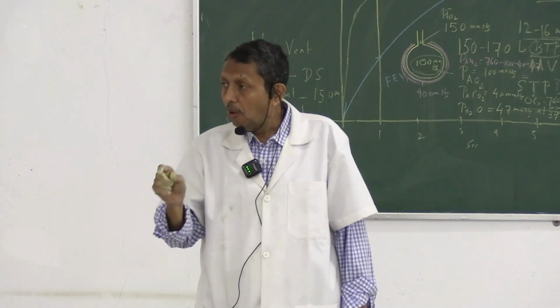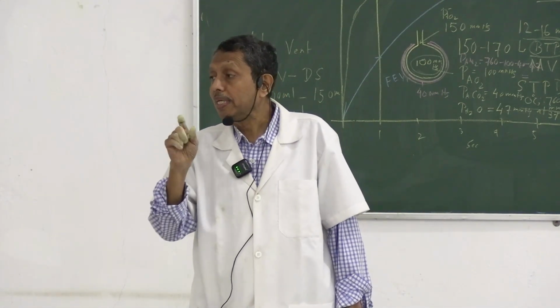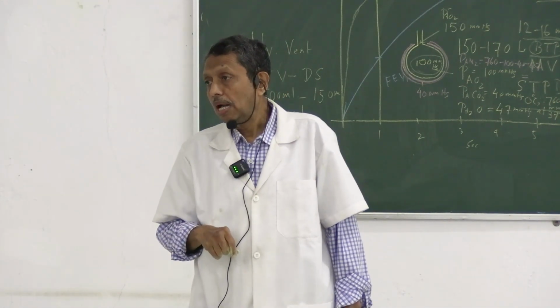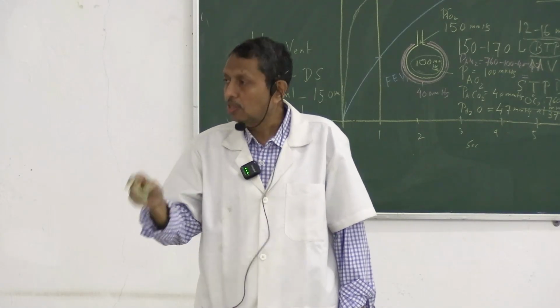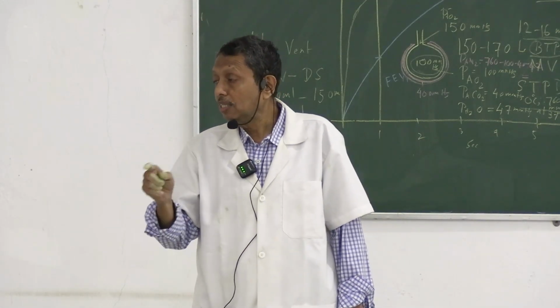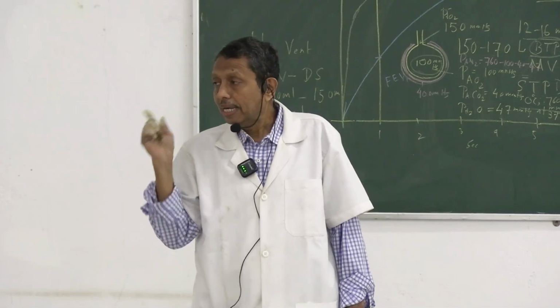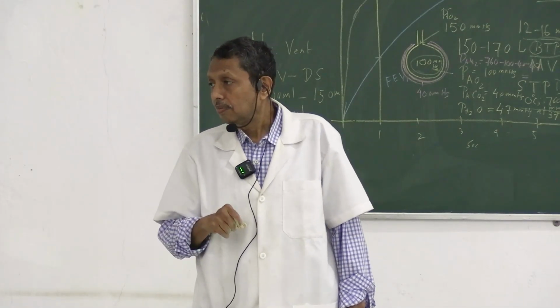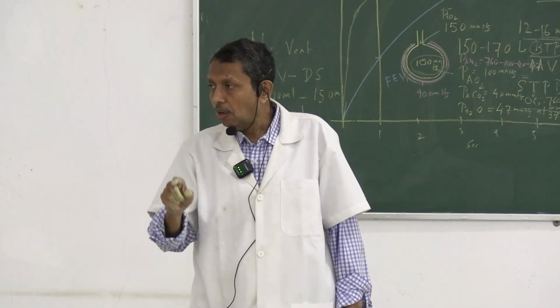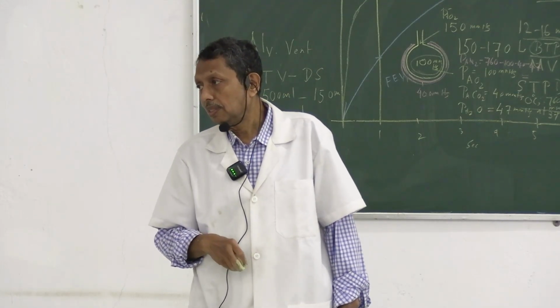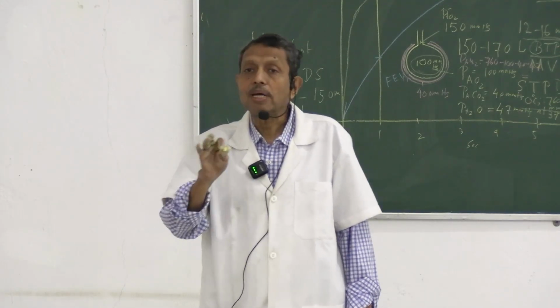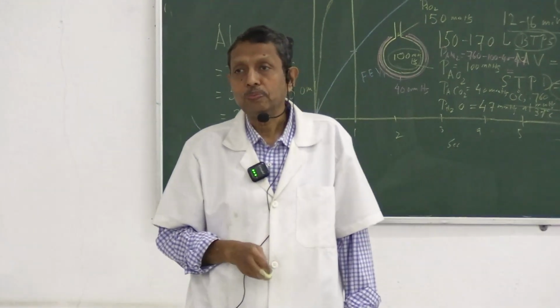Its amount may be small, but it may be life-saving in some situations. And for this reason it is given. Or if in disease conditions the partial pressure is already low, in that case it will increase. So saturation is also increased, and the dissolved state will also increase. And in that case you can calculate what should be the value.